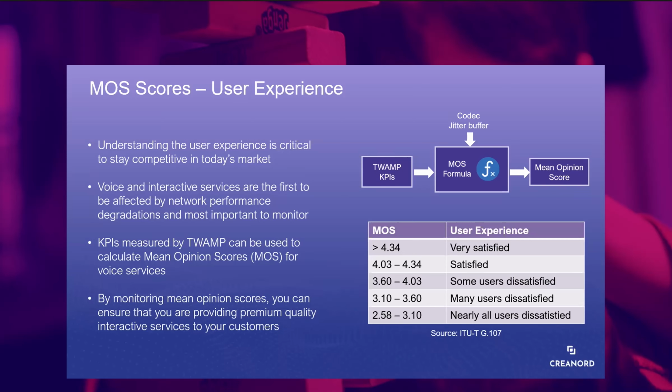And it's a very nice measure because it takes all of these KPIs, and it's also taking into account the type of codec that you are using and what sort of jitter buffers you have. So of course the used codec will also have a big effect on the actual user experience. And then it takes all of these factors into account and will output a value from 1 to 5.